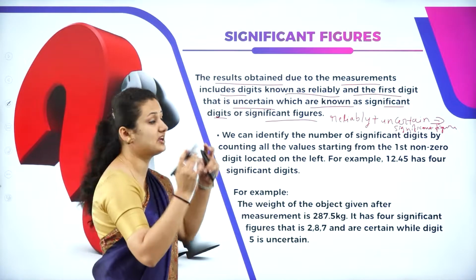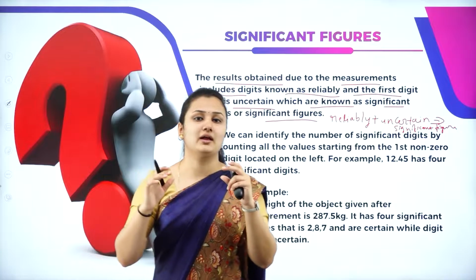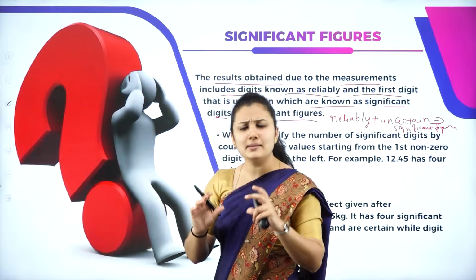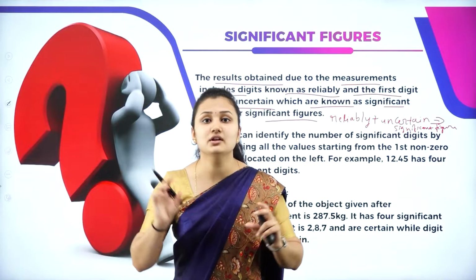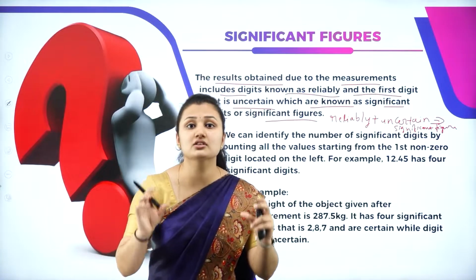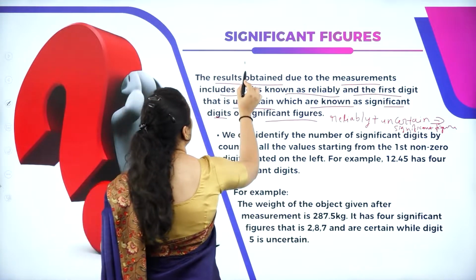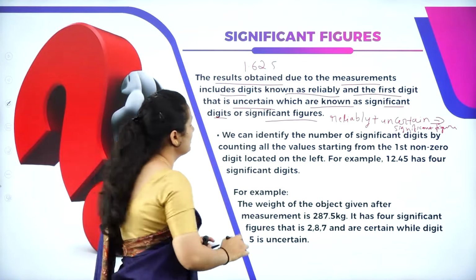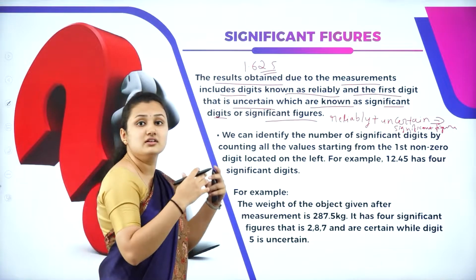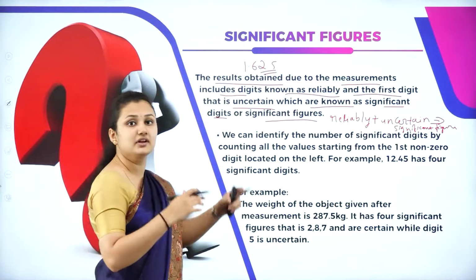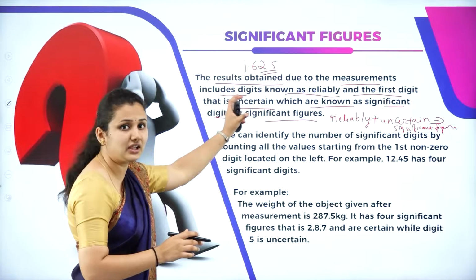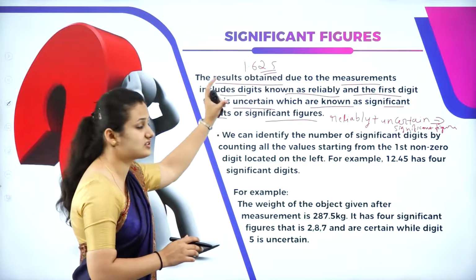For example, I am performing a measurement. Everything starts with measurements, units and measurement. The time period for oscillation of a simple pendulum is given as 1.62 seconds. These are my significant digits or significant figures.